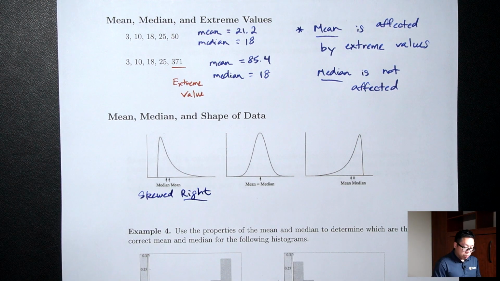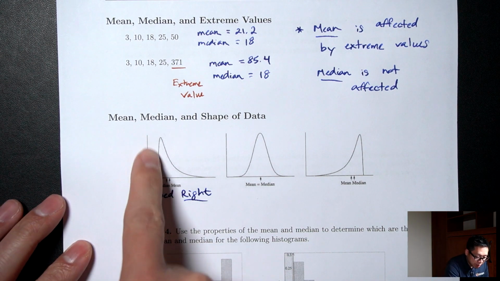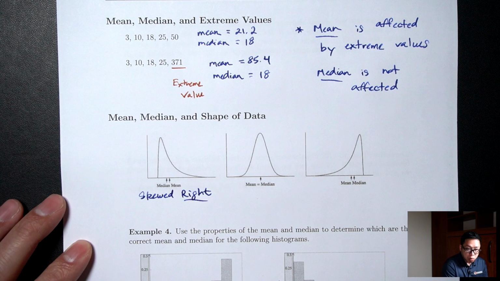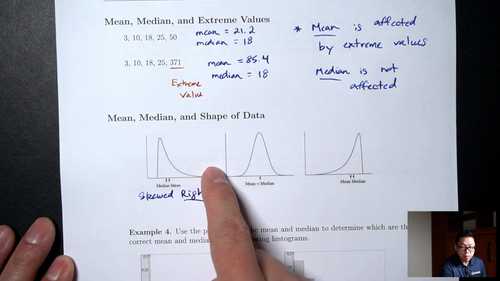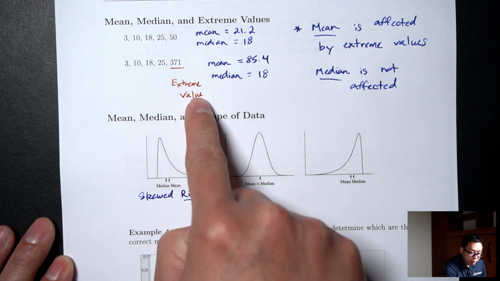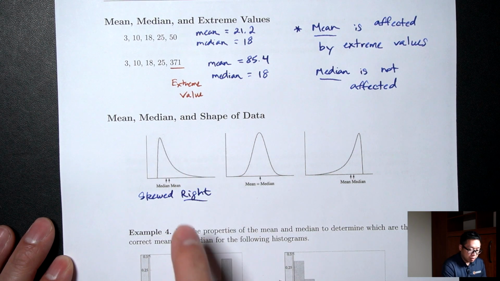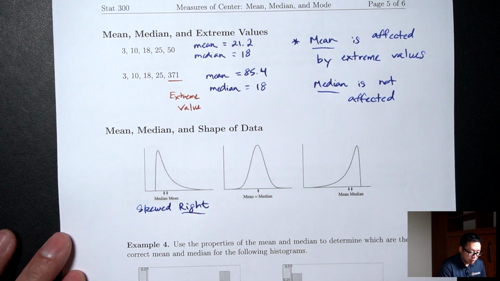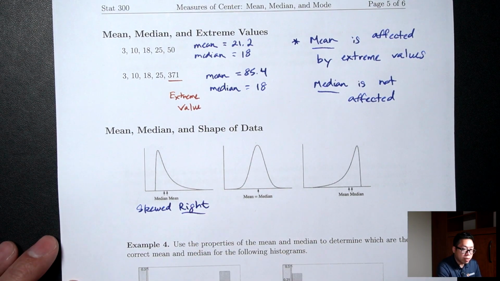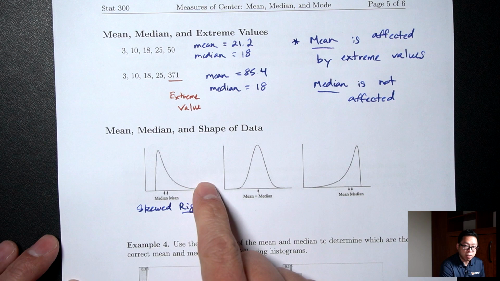And what I want to show you with this picture is that when you have data skewed right, that means most of your data is where the peak is. So most of your data is on the low side. Then you have a few extreme values on the high side. The extreme values will affect the mean more, like we said up here, by pulling the mean towards the extreme values.